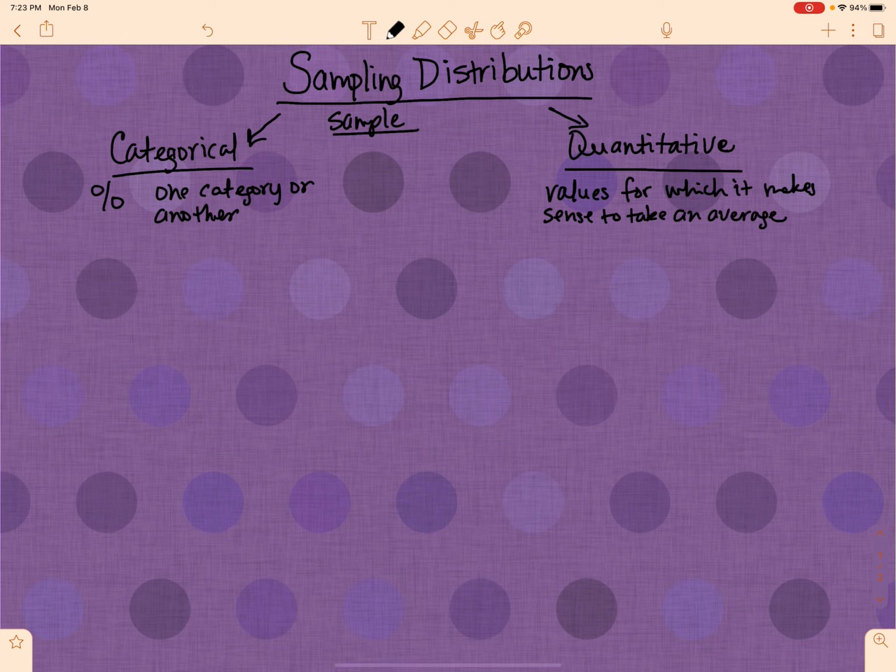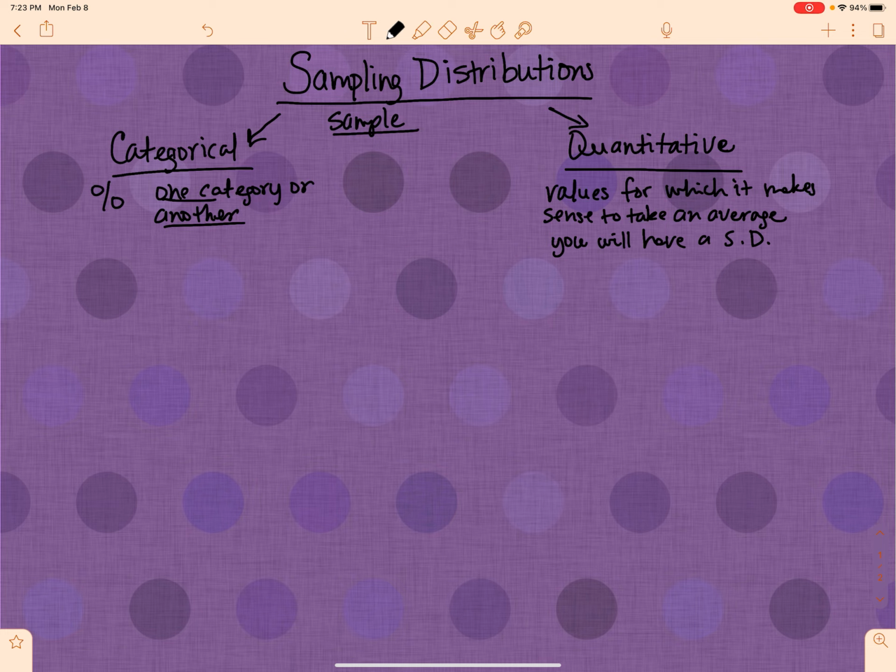So in other words, here you don't just have two outcomes, it either fits into one category or another. For this one, you're going to have lots of different values that average together. Also for quantitative, you will have a standard deviation. They have to give you a standard deviation because of the nature of the formula for sampling distributions for quantitative.